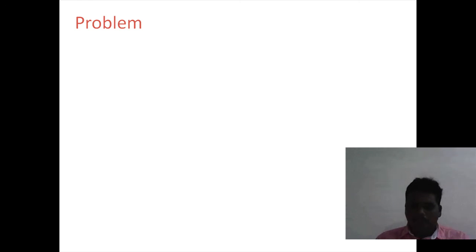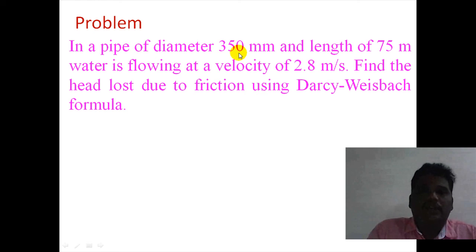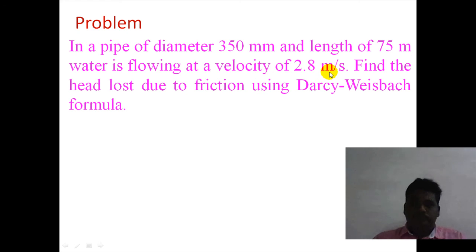Next comes the problem. How to solve the problem of frictional resistance. In a pipe of diameter 350 mm and a length of 75 meter, water is flowing at a velocity of 2.8 meter per second. Find the head loss due to friction using the Darcy Weisbach formula. We know that HF is equal to 4 f L V square by 2 g d.